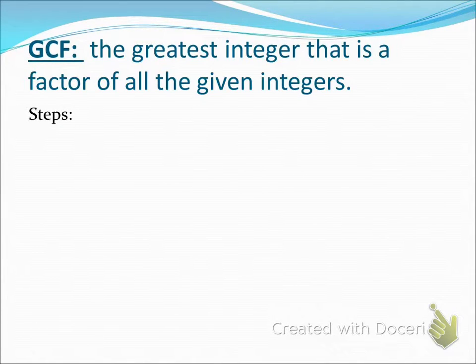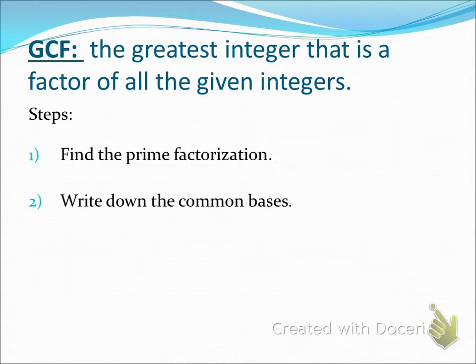All right, here are the steps. And this is on the back of your blue sheet. So the first thing you want to do is find the prime factorization. So we're going to do a factor tree for all the numbers.